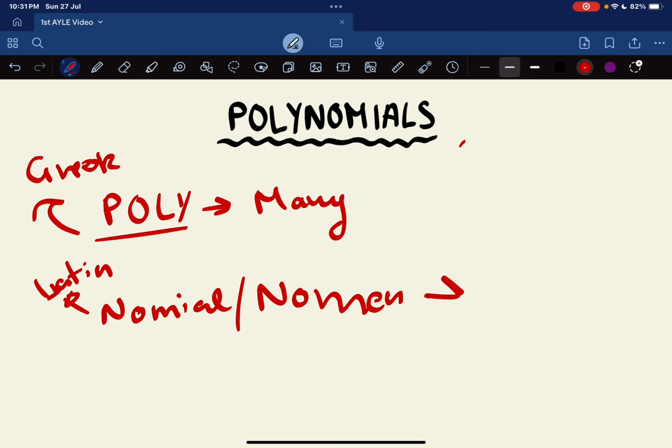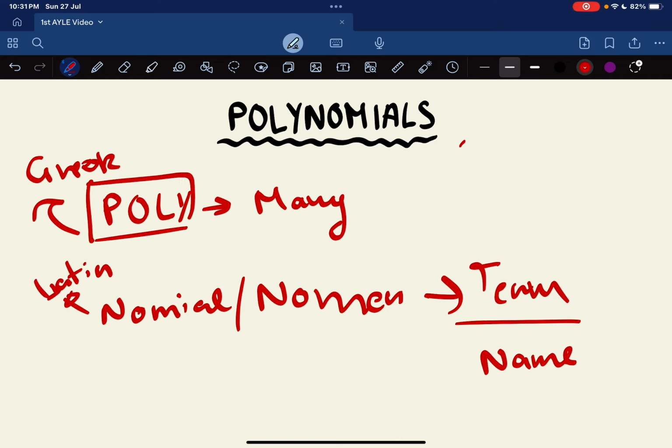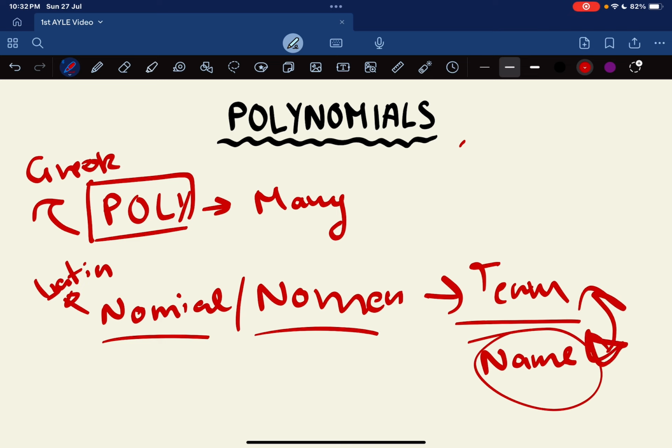Nomen means term or name. So this is something that might make it easier. You can remember that poly means many, and nomen, it kind of sounds like name, right? So name or term, kind of very similar. So that is what polynomials are. Anytime you hear of polynomials, this should come into your mind. Something that looks like 3x plus 2. That should come in your mind when you hear the word polynomials.